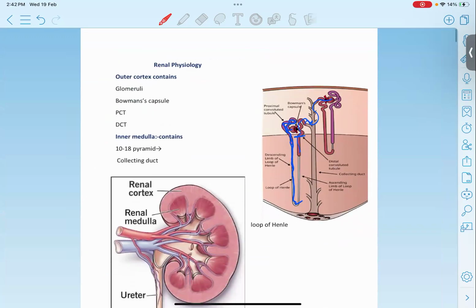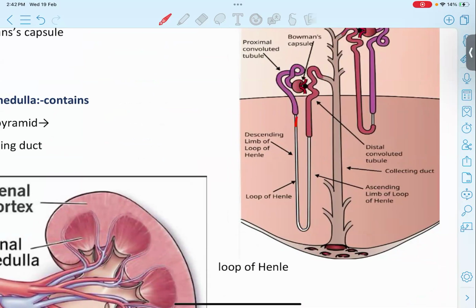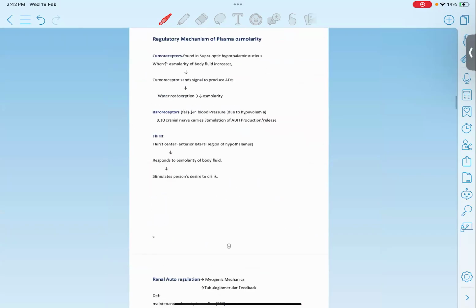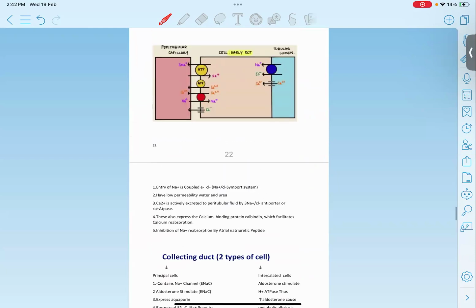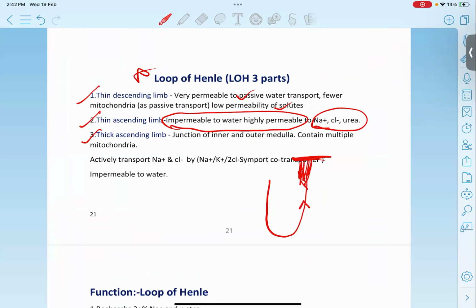Basically right here, this was the thin descending limb, this was the thin ascending limb, which is impermeable to water but permeable to solutes, and this is the thick ascending limb, which is the junction between cortex and medulla. Okay, all right. It contains multiple mitochondria.